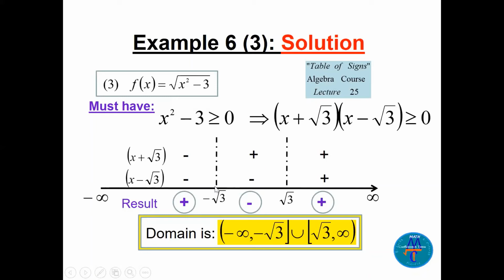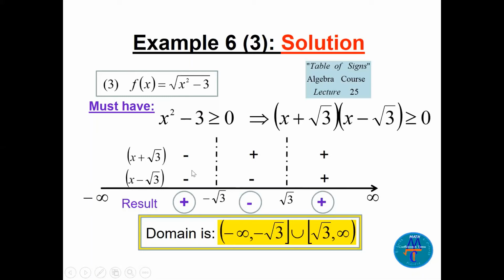Choose any number there. You put all the zeros here on the table, minus square root of 3, square root of 3. Choose a number between minus infinity and minus square root of 3. I can choose a very far number like minus 50 or minus 100. So both will be negative here. If I put 0 between these two numbers, it will be plus and minus. If I take 75 or 100, it will be plus and plus.